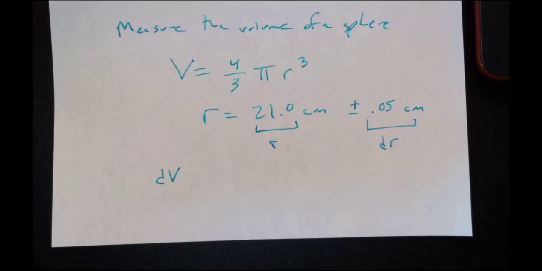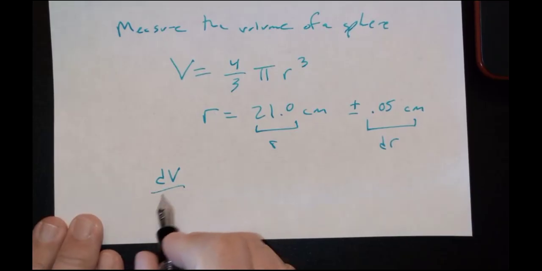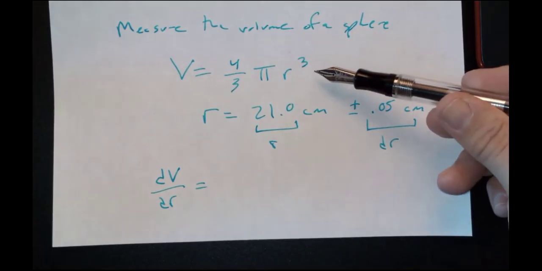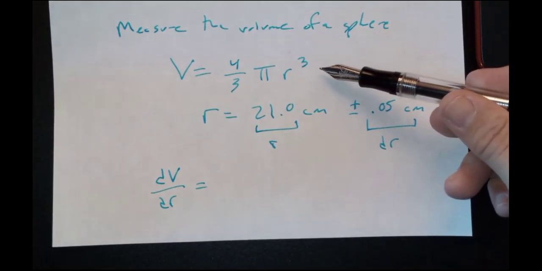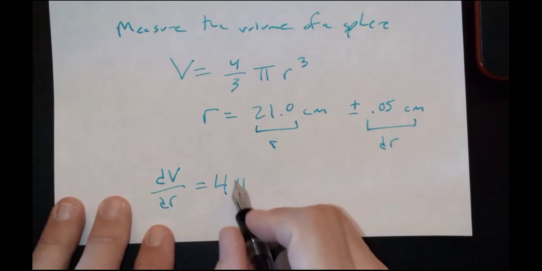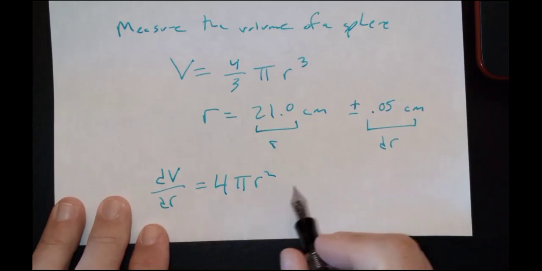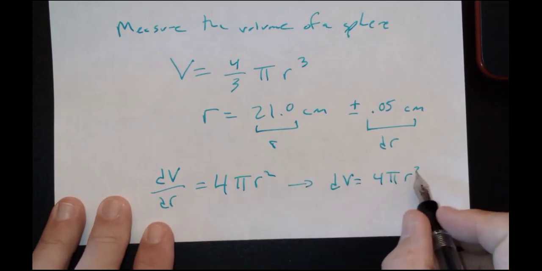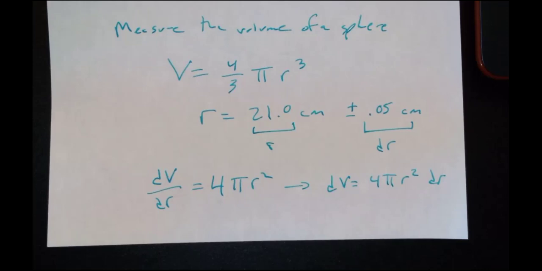All right, wait a minute. How do I get dV alone? I don't. I start by doing dV/dr. That's the derivative of this thing. What's the derivative? Not yet, but if I move that dr over, now you can put in all the numbers, right?